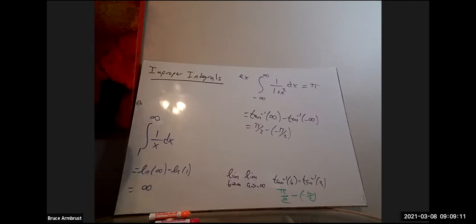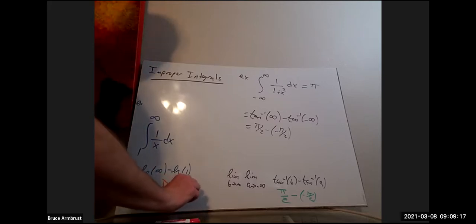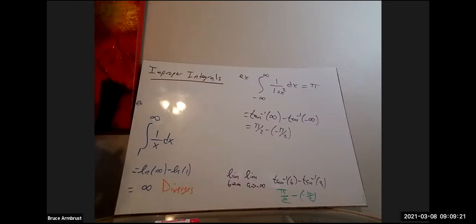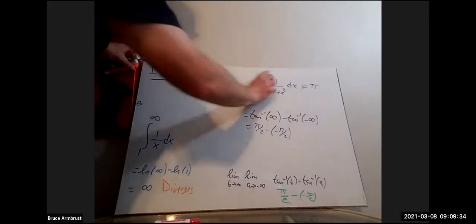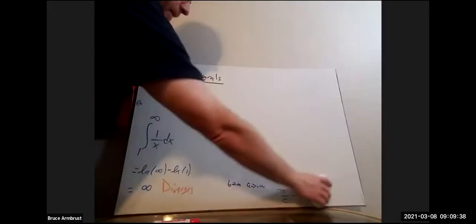And that immediately tells me that this thing is divergent. Okay, so I'm going to write divergence. So that means that the area underneath this curve from 1 to infinity actually grows without bound. There is no limit to it. It just keeps getting bigger and bigger and bigger.